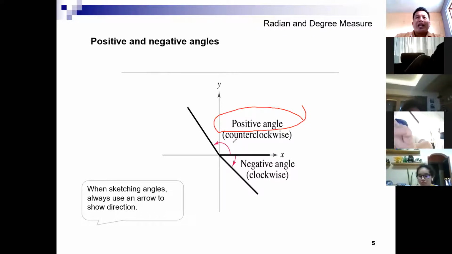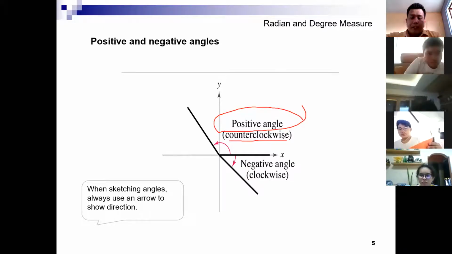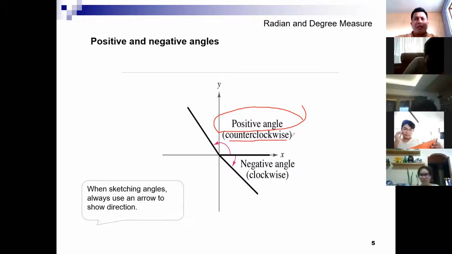Again, if your angle drawn from the positive abscissa turns counterclockwise, the angle is said to be positive.